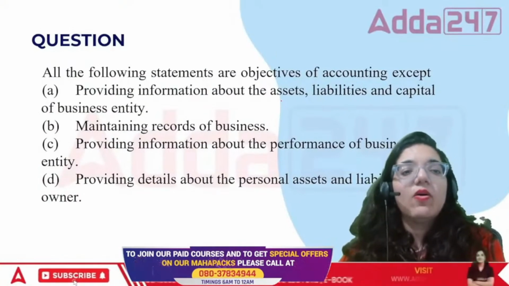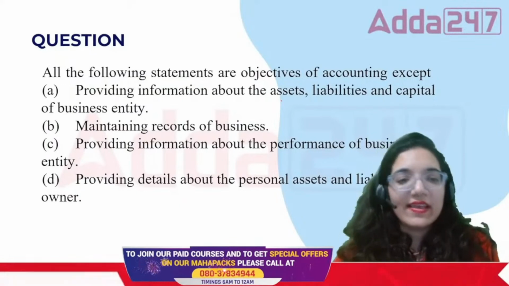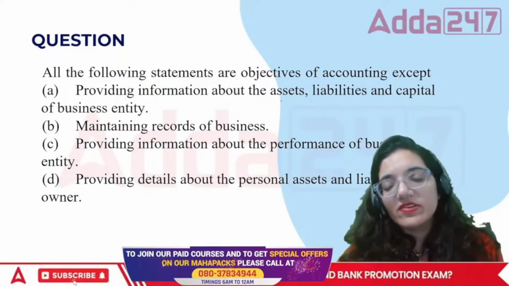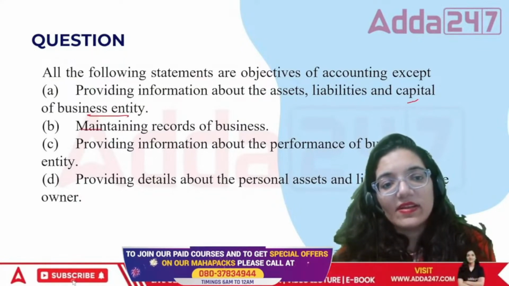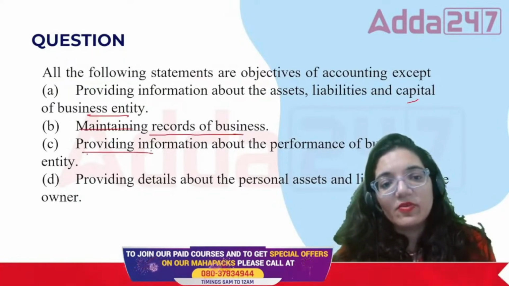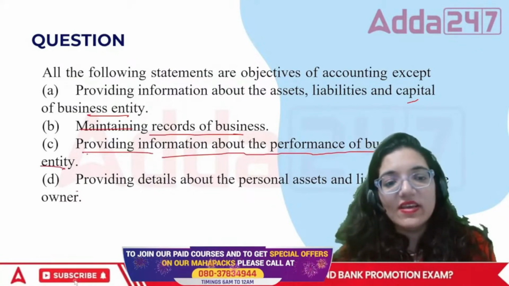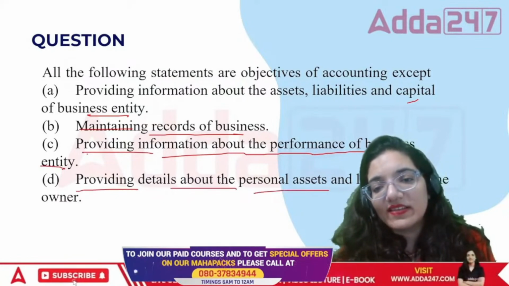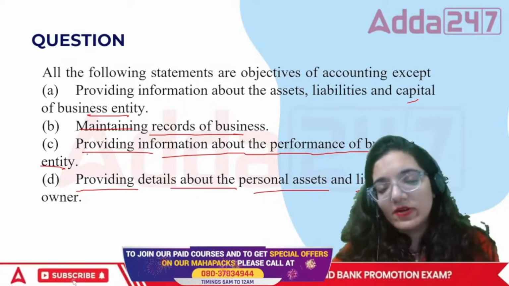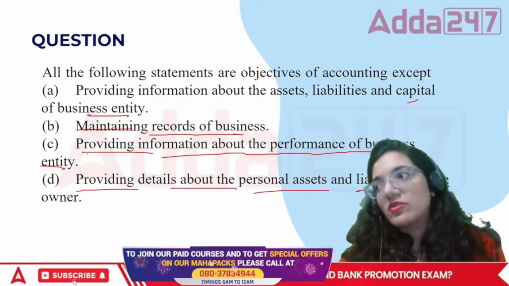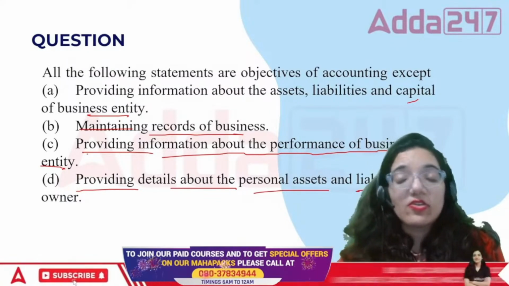Next question. All the following statements are objectives of accounting except providing information about assets, liabilities, capital, maintaining records of business, providing information about performance of the business entity, providing details about the personal assets and the liabilities. See, accounting does a lot of work. It gives proper information about the financial position of the organization, financial statement of the organization.